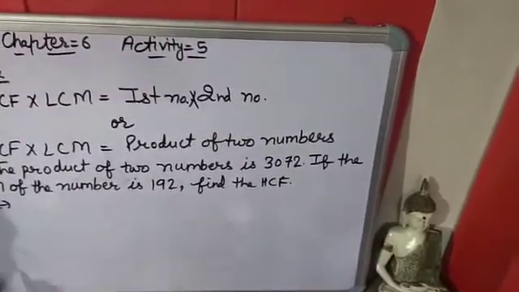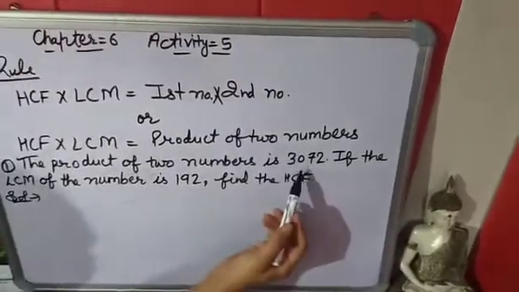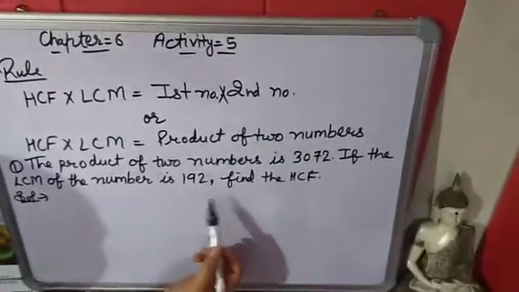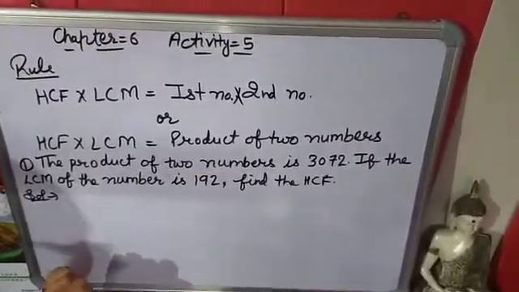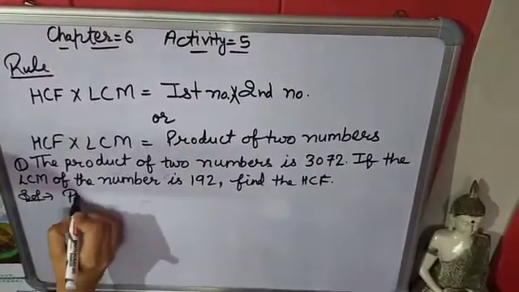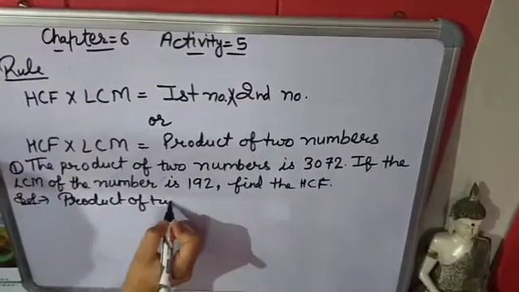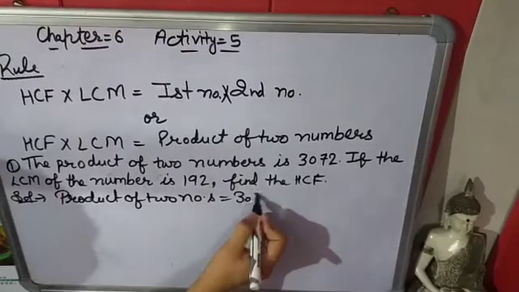First question. The product of two numbers is 3072. If the LCM of the numbers is 192, find the HCF. Product of two numbers is given, LCM is given, you have to find the HCF. So write down what is given. Product of two numbers is 3072.